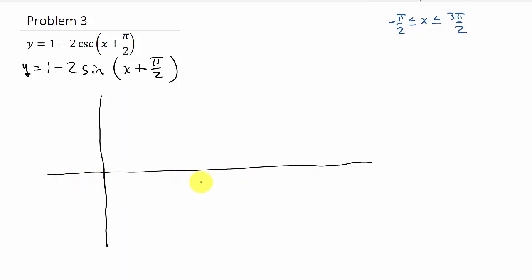We don't really know. Is the negative pi over 2 real close here? Would it be more over here? Where do I put the 3 pi over 2? Not really sure, so let's erase that, and let's mark off the negative pi over 2 and the 3 pi over 2 on the number line.